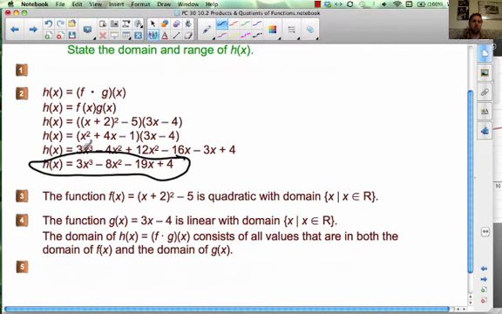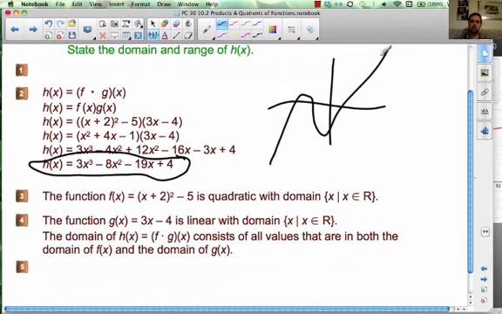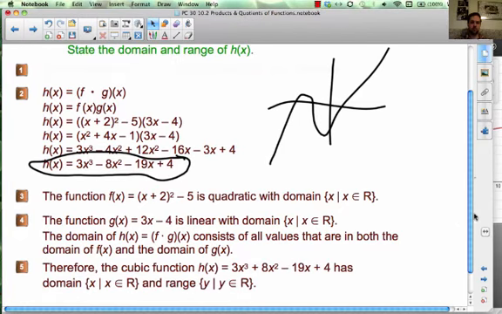Okay, so the domain and range, now this is a cubic and it has a positive lead coefficient, so we know that a cubic with a positive lead coefficient will go something like that. So the domain is going to be all real numbers. You can just see from the graph, you know what cubic graphs will do. And the range is also going to be an element of all the reals. So there you go.